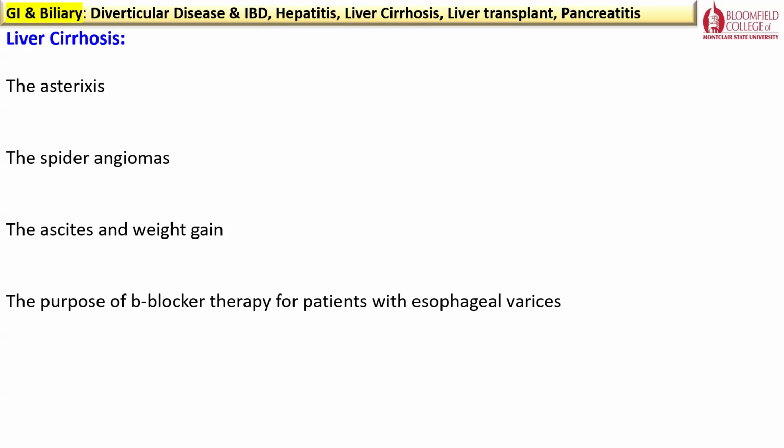We need to do what is called a daily abdominal girth, which is the measurement of the circumference of the abdomen, and we make marks on the abdomen with a Sharpie, a permanent marker, so we can do the measurement using the same marks every single day.